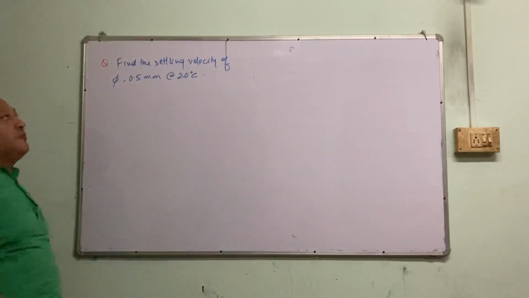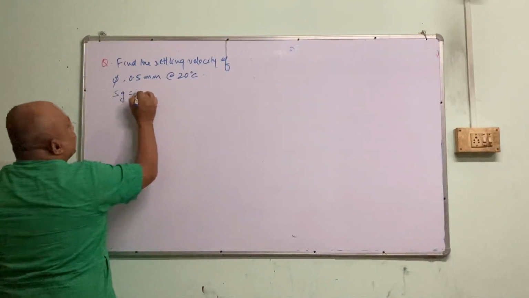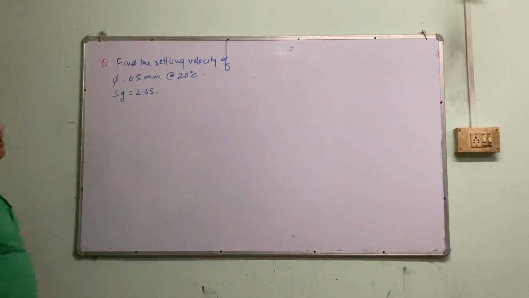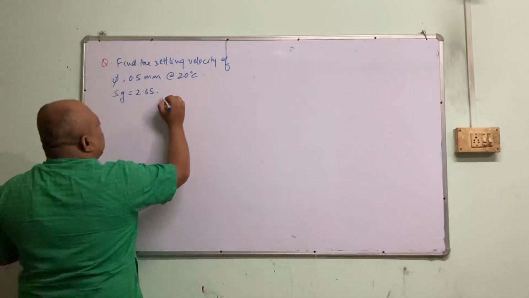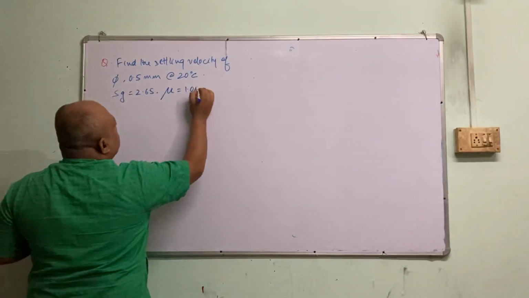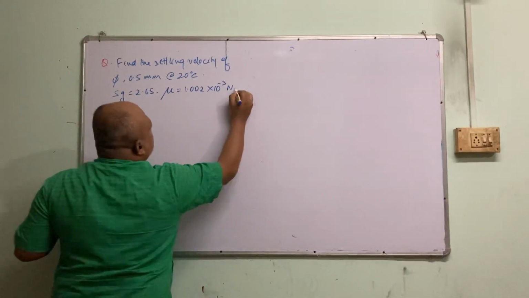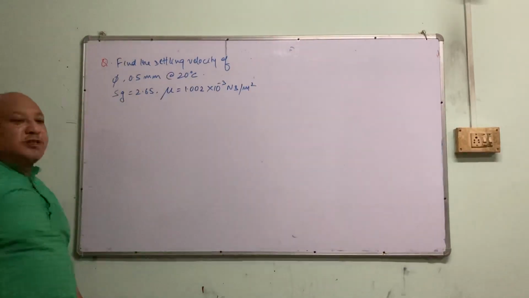Since the question is for grit particles, it will always give that the specific gravity is 2.65 and the dynamic viscosity of the fluid, especially water, is around 1.002 x 10 to the power minus 3 Newton second per meter square. So the question is very simple.